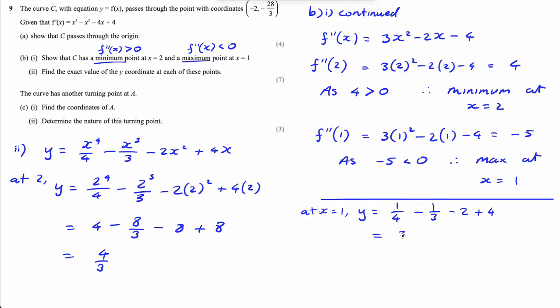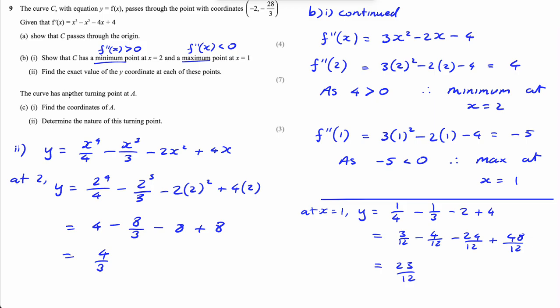This is 3/12 minus 4/12 minus 24/12 plus 48/12. That's 48 minus 24 is 24, minus 4 is 20, plus 3 is 23/12. So this is 23 over 12. Okay, so that's the y coordinate at each of these points.